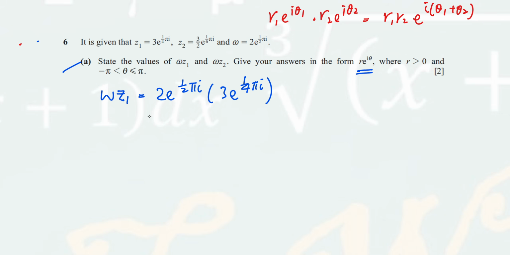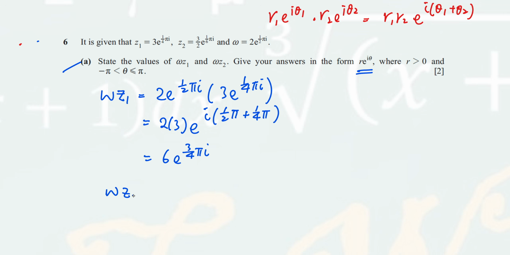So which means now I will be getting 2 times 3 exponential i bracket 1/2 pi plus 1/4 pi. Then you will be getting 6e. So 1/2 plus 1/4 is 3/4. Therefore, 3/4 pi i. Alright, now w z2, same method.